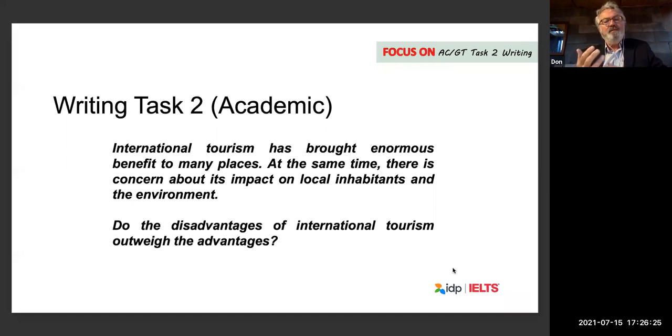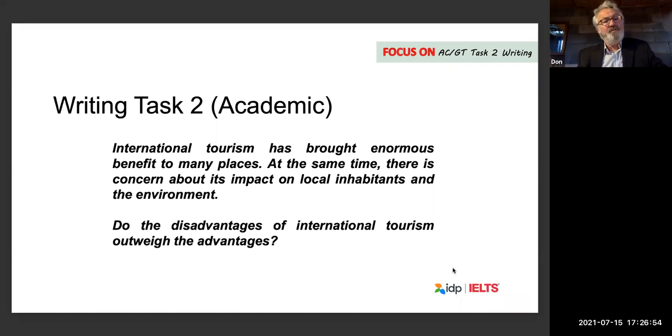International tourism has brought enormous benefits to many places. This is a statement. What do we think about it? Well, yes, it's improved the economy, it's given jobs to people, it's introduced new cultures to the tourists. At the same time, there is concern about its impact on local inhabitants and the environment.